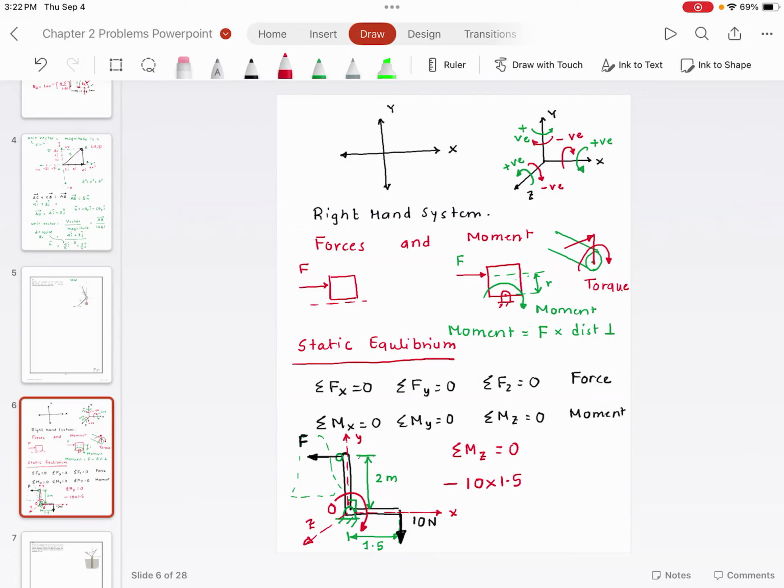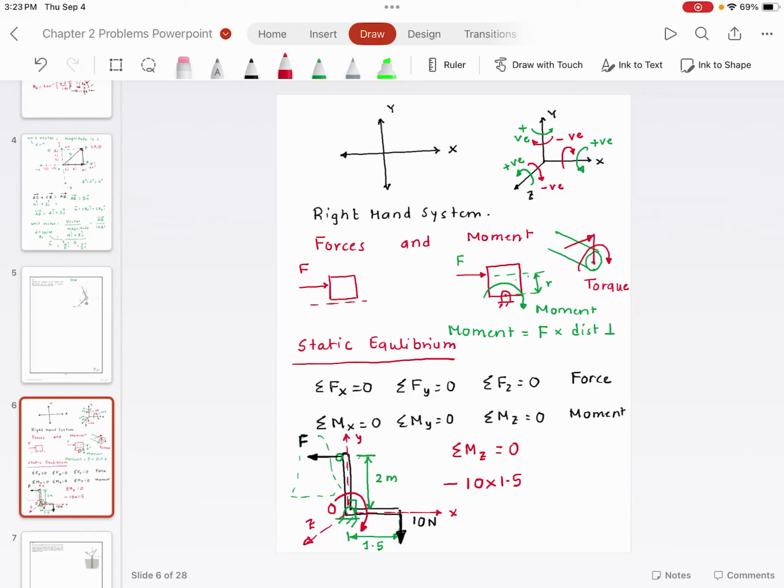Now I want you to look at this force. Now look at the moment given by this force. Can you see the moment given by this force in this direction? Curl your fingers in the direction of rotation or direction of movement. Your thumb is coming out of the board. You agree with me? Which means that moment is positive. Why is that moment positive? Because when you curl your fingers in the direction of movement, your thumb is in the same direction as positive z.